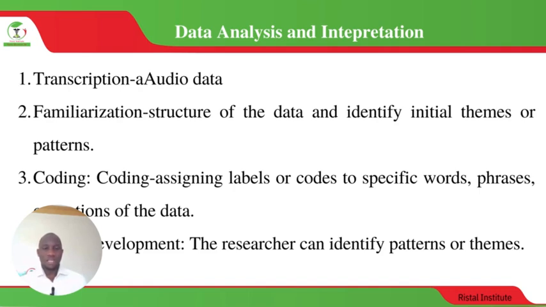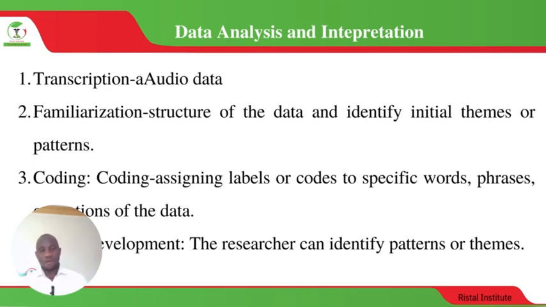With coding, you're basically trying to assign labels or codes to particular words or phrases that are coming out of this data that you've collected. And then this can be used to generate what we call themes. Themes are patterns of the data that you have.